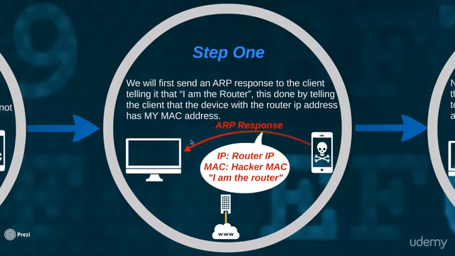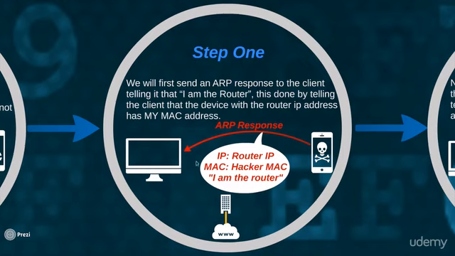So, since we can send responses and the device is going to trust whatever information is sent in that response, we're going to send a response to the target device telling that device that I am the router. Because the device accepts responses, it's going to accept that response, and because it's not going to verify my identity, it's going to trust me and treat me as the router.